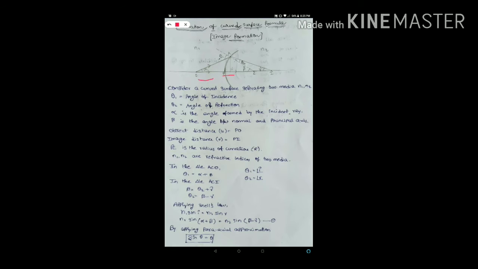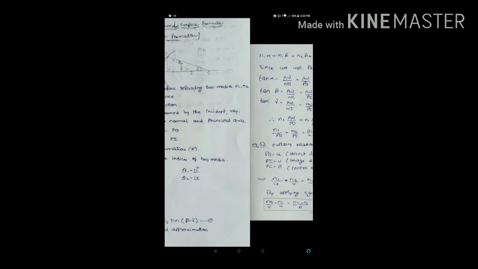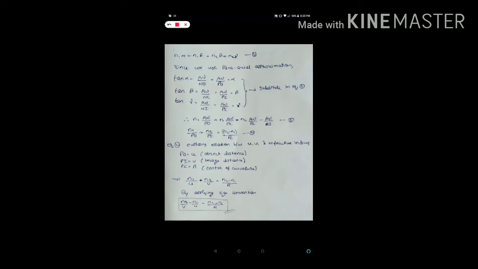So NO is equal to PO, NC is equal to PC, and NI is equal to PI. By substituting these values in equation 2, we get n1 AN by PO plus n1 AN by PC is equal to n2 AN by PC minus n2 AN by PI. After simplifying, we get n1 by PO plus n2 by PI is equal to n2 minus n1 by PC.